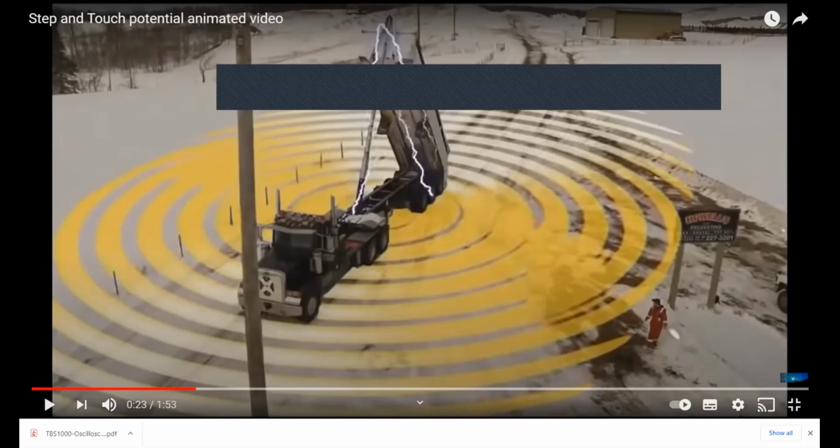Now, if you move far away, in a certain area you will find there is no voltage. Okay, so that area is called the remote earth. Now, the ground resistance means, if here was a grounding grid and the short circuit happened, short circuit current is injected right into the ground grid.